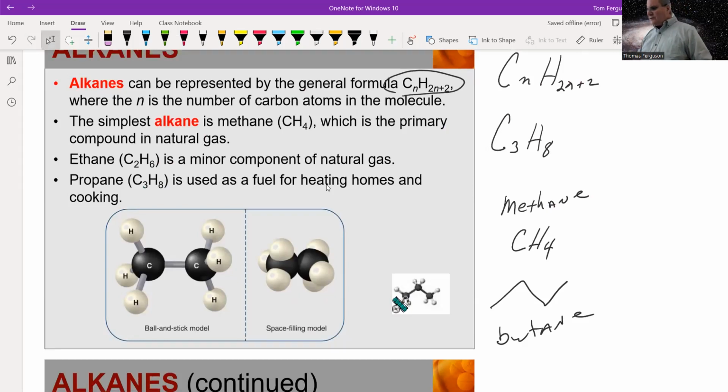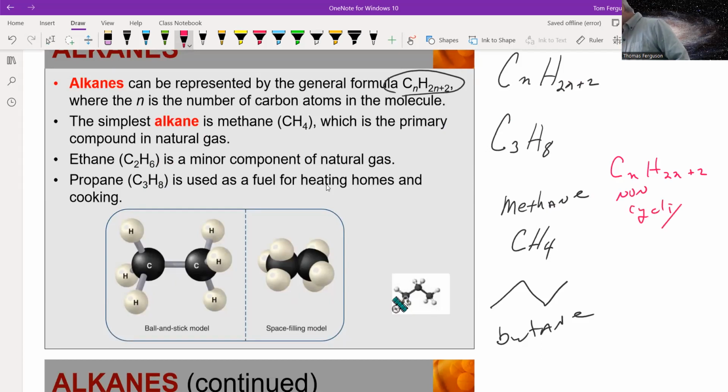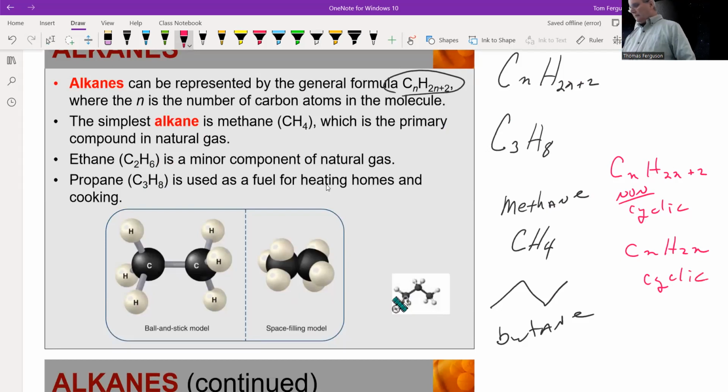Okay, so we talked about this on Tuesday: the general formula for non-cyclic alkanes, and the cyclic formula, CnH2n.